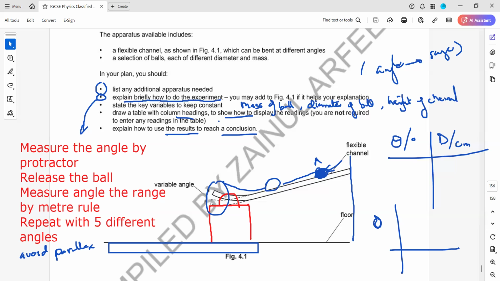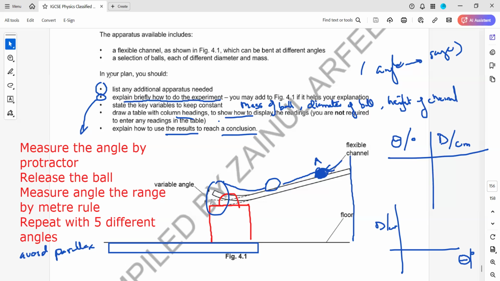Angle is an independent quantity because we are changing it, so it should be on the x-axis, and the dependent quantity on the y-axis. We'll plot a graph between the angle and the range and compare whether a change in the independent quantity, the angle, produces any change in the range.